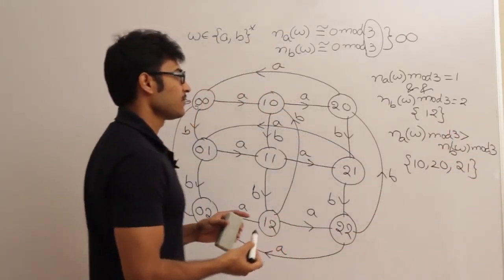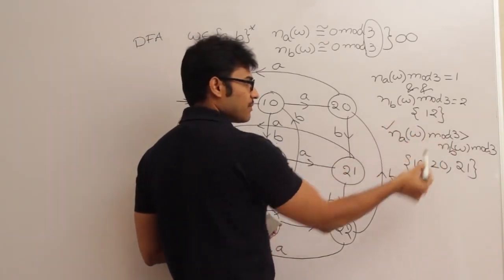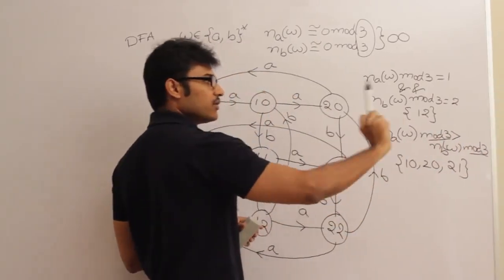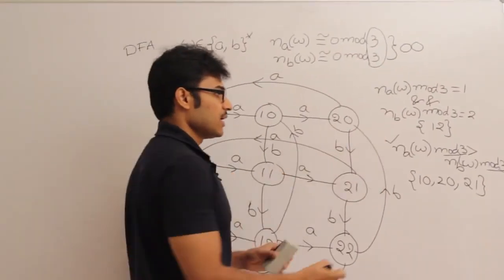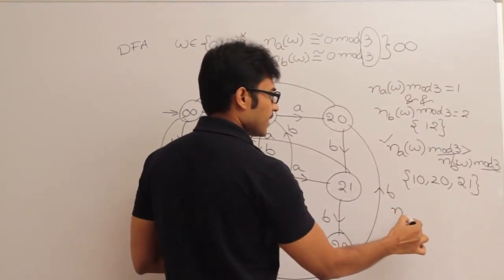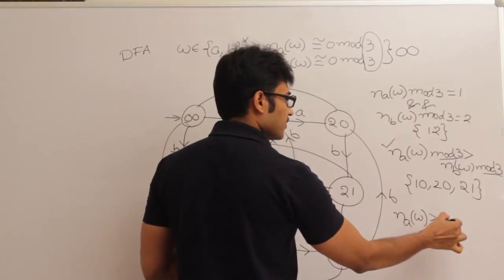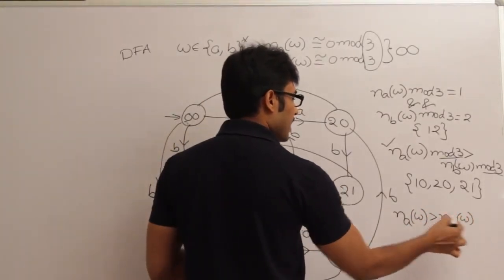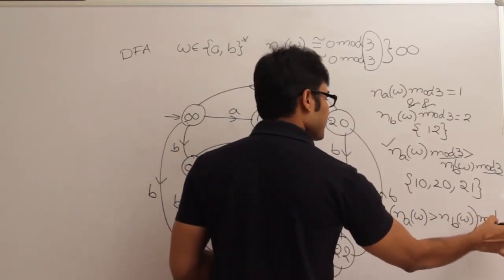Sometimes they can even ask the same comparison of the number of A's and number of B's with the mod 3 pulled out. That is called modular arithmetic. According to modular arithmetic, it can even be asked like this: the number of A's is greater than the number of B's, and for the entire thing they can put mod 3.